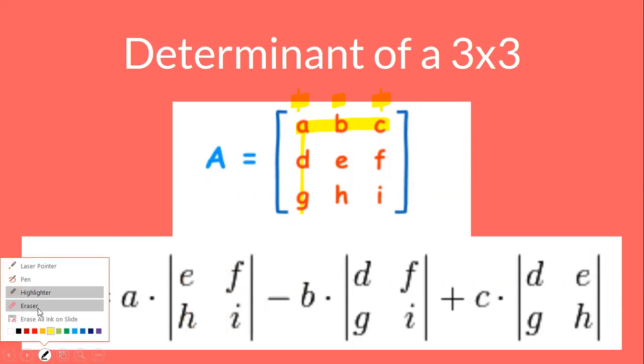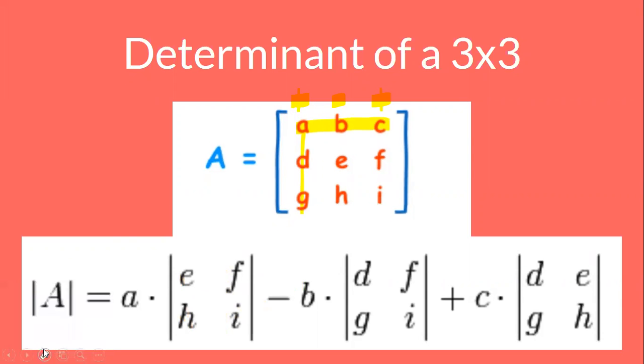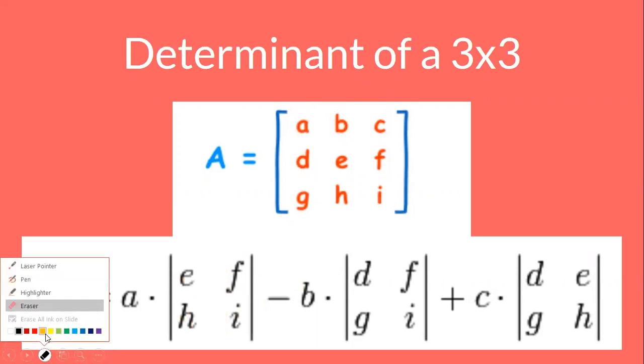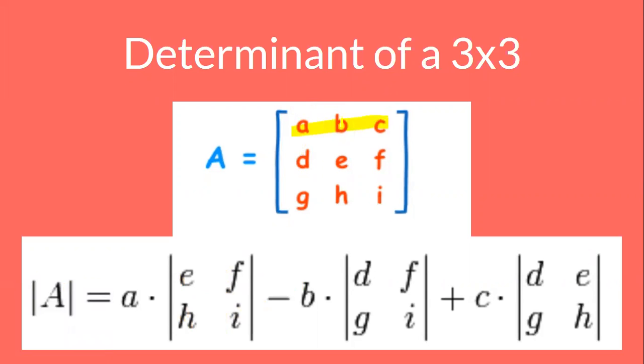Then step 2, you're going to cover row 1 and column 2, create a new 2 by 2, and find the determinant of that. So cross multiply and subtract, right?